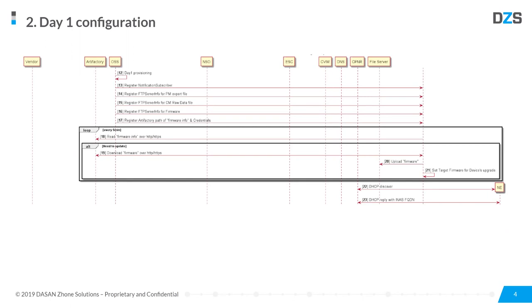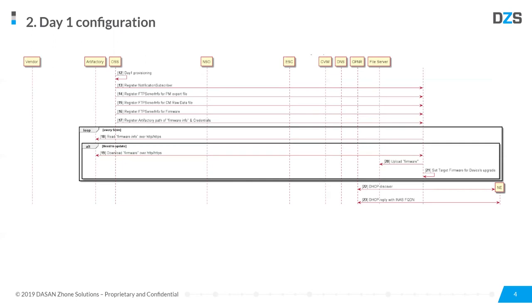So if OSS lets INAS know where the firmware information file is located inside of the Artifactory, then INAS will periodically check that file from the Artifactory and then read it. Inside of that file, there should be some details about the new firmware.